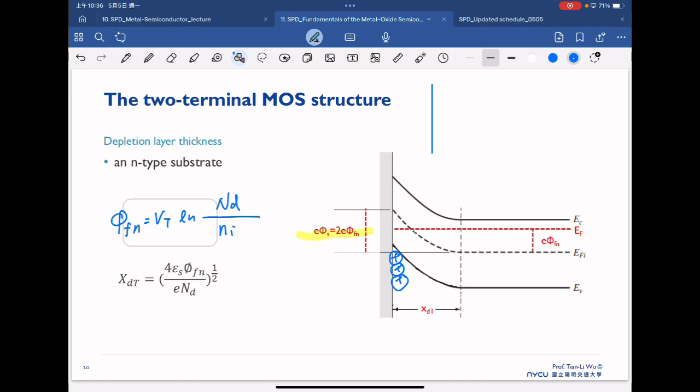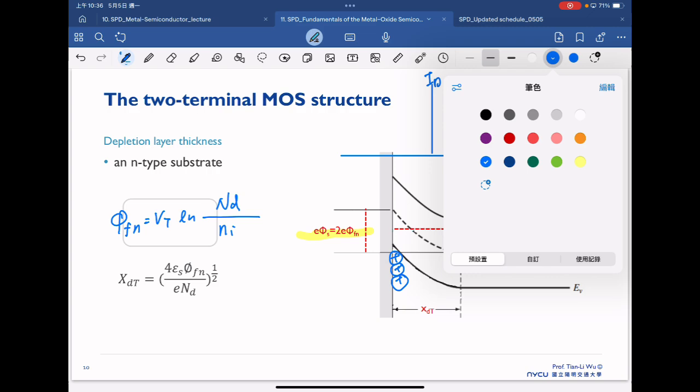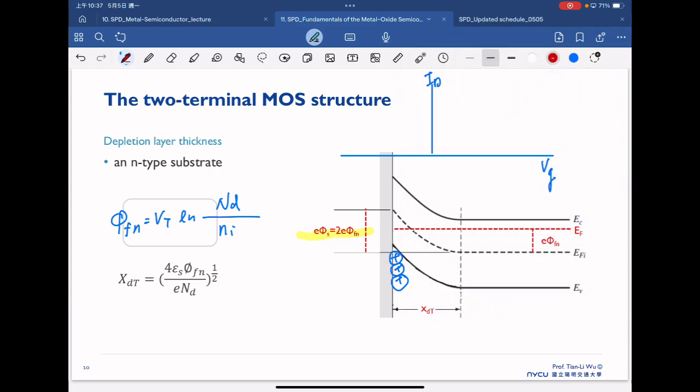So this is very critical, because in the previous slide we talked about the ID-VG, but we only talked about the P-type substrate, where we apply the positive gate bias beyond the threshold voltage and have the current flow.